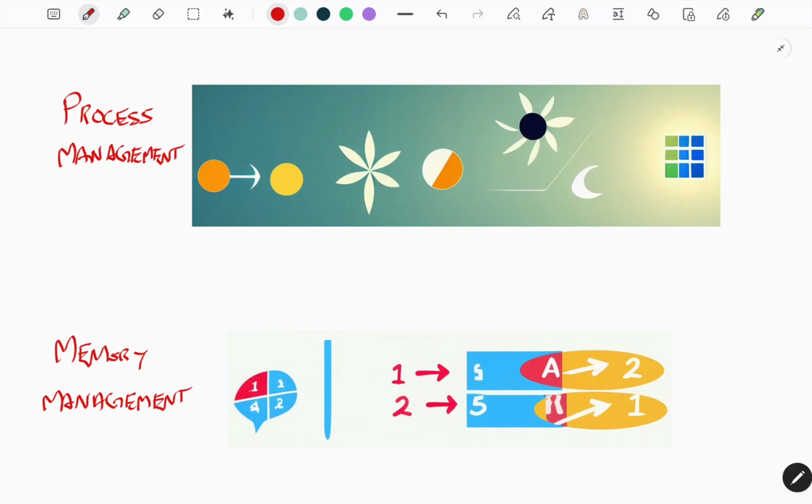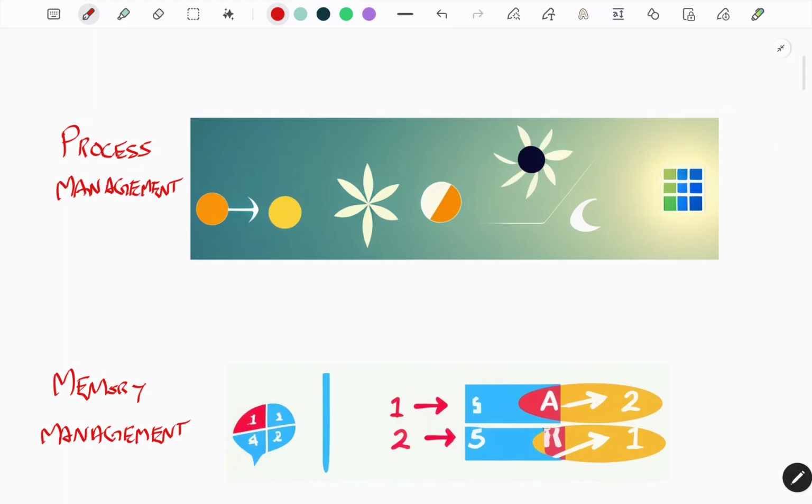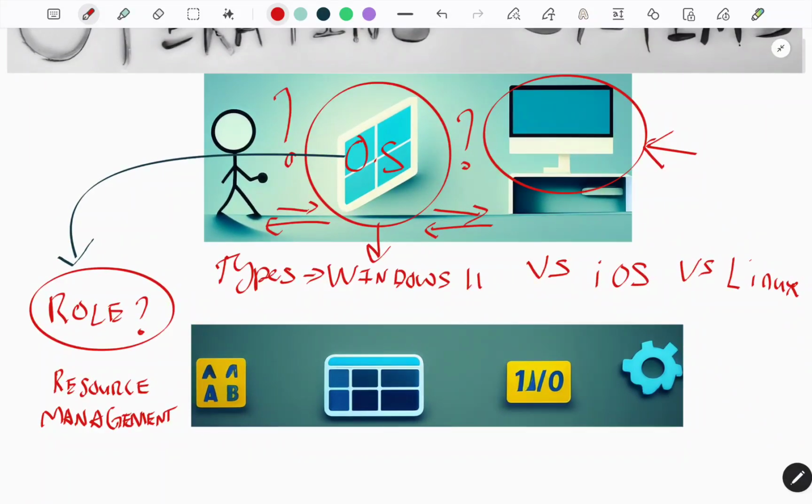The correct term is allocation. How much allocation of memory will be given for a certain program or certain process.